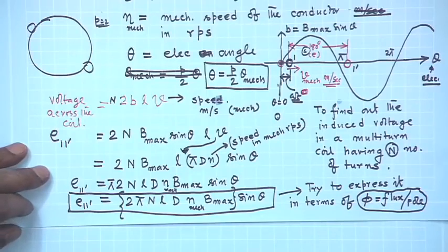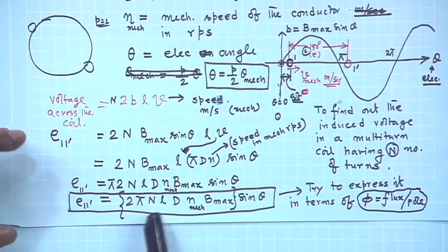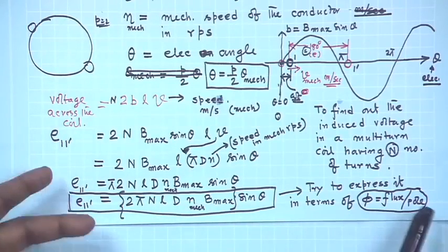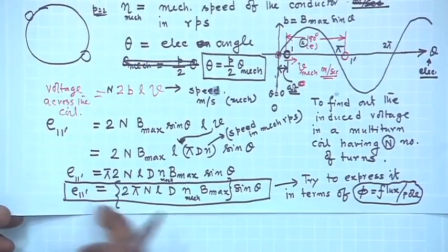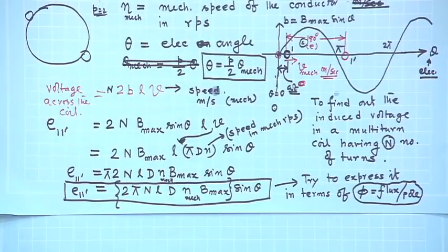That will get rid of the terms B max, L, D etcetera, as we will see now, and the expression will be similar to that of a transformer. That is a very interesting thing. So, let us see how to do it.